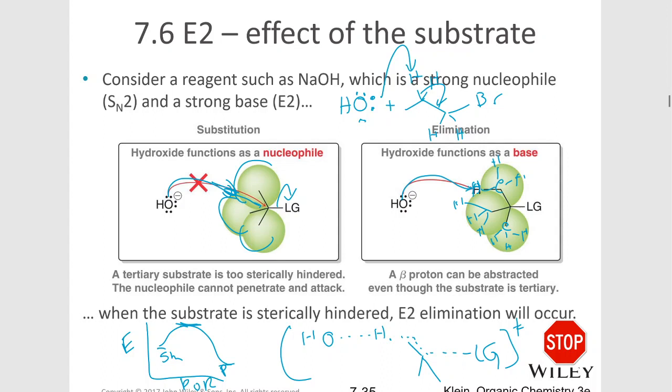Those two electrons in that bond are going to form a double bond between the alpha and beta carbons, and the leaving group is kicked out all in one fell swoop. This reaction happens in a one-step mechanism, so we have this one-step energy diagram. Okay, so in the next section we're going to discuss naming alkenes.